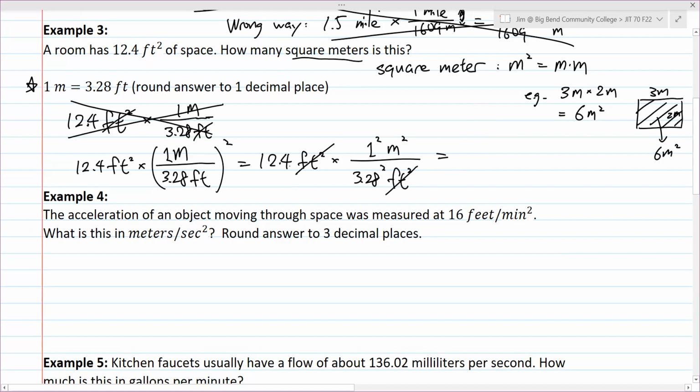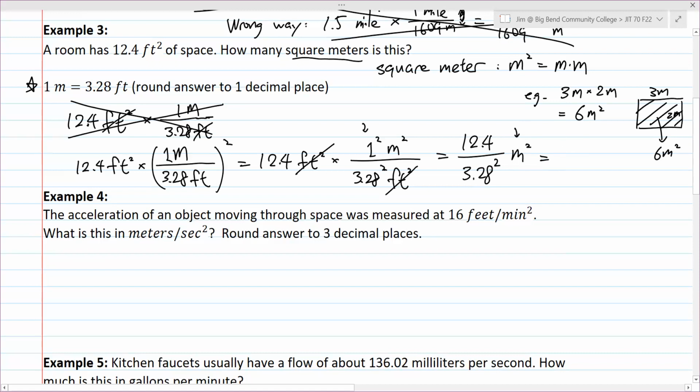You have 12.4 divided by 3.28 squared, and then the 1 squared can be taken off when you do the math and reduce the fraction, because 12.4 times 1 squared is still 12.4. Doesn't make a difference. So the meter unit with square is there. So we call this meter to the 2 or meter squared. Square means the power of 2. Right.